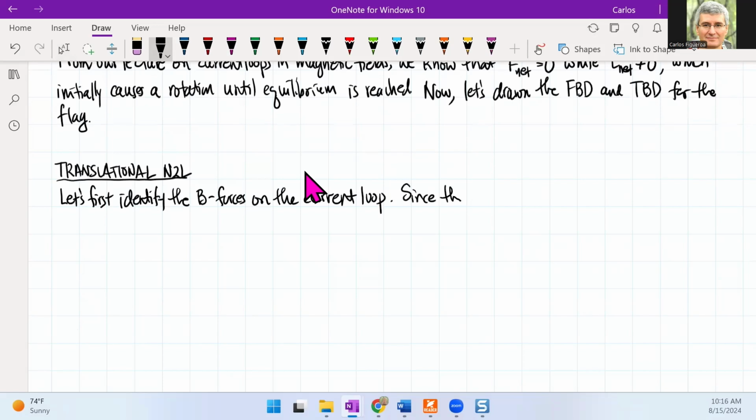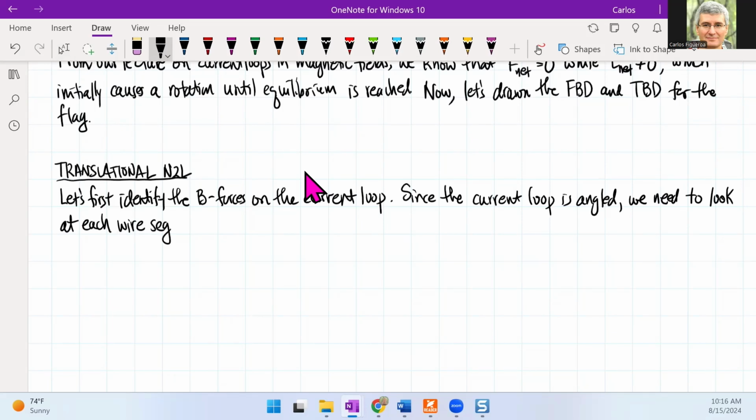Since the current loop is angled, we need to look at each segment. Let me be careful. Each wire segment, to identify the magnetic force or the magnetic forces.